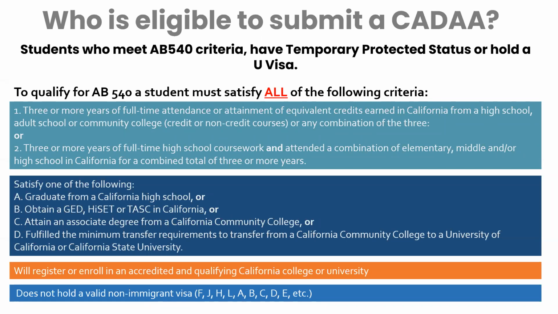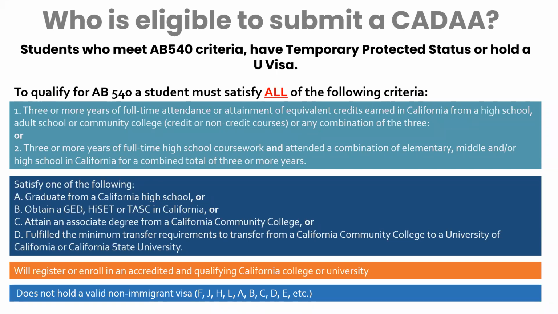To qualify for AB 540, they have to either have 3 or more years of full-time attendance or equivalent from a California high school, adult school, or community college, or any combination of the 3, or 3 or more years of full-time high school coursework, and they attended some combination of elementary school, middle school, or high school in California for a combined total of 3 or more years.